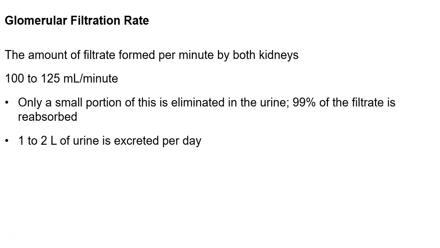And so a lot of that material will be reabsorbed into the bloodstream. So all in all, we make about 1 to 2 liters of urine per day, and that urine should really only for the most part contain the nitrogenous waste and any other electrolytes or materials that we are looking to remove from the body.